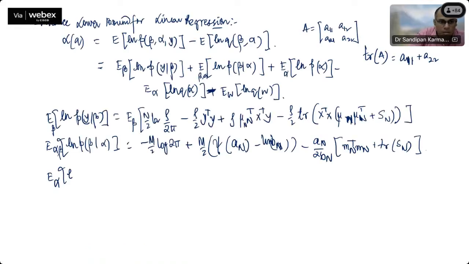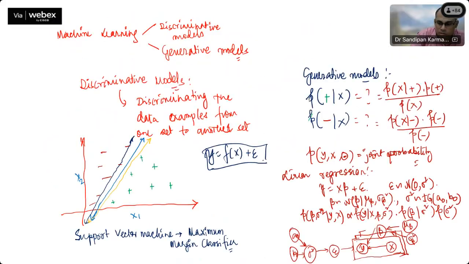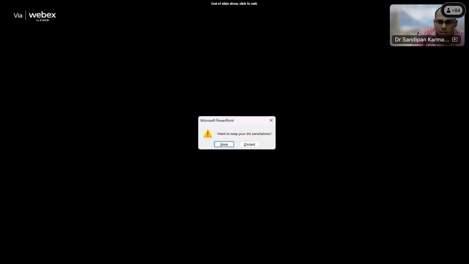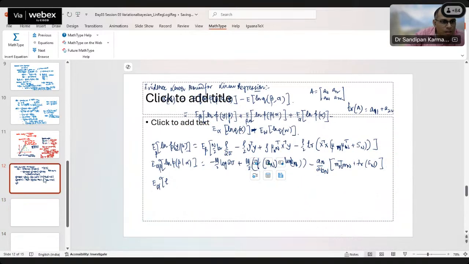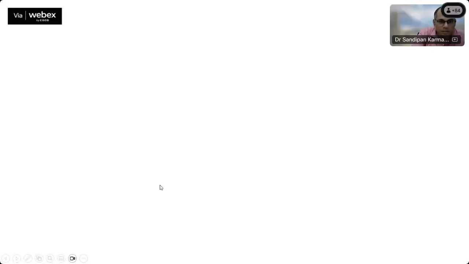Variational inference. Where is the other portion? One minute. I have written so much in this, but it didn't come. What happened?